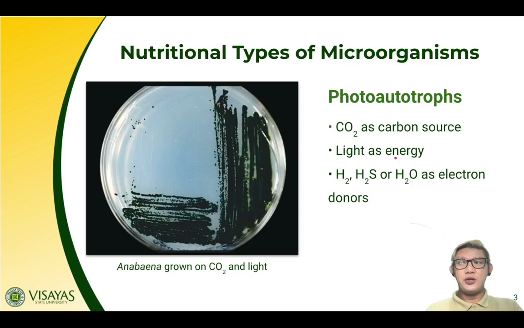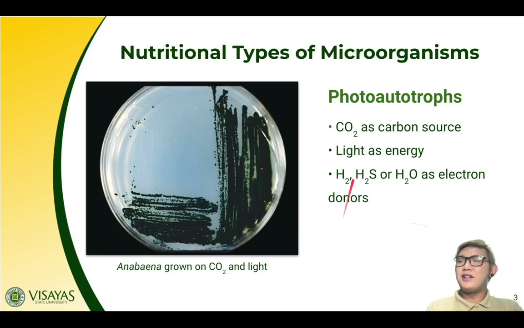Their electron donors could be H2, H2S, or water. An example of a photoautotrophic microorganism is a bacteria called Anabaena. This is a culture of Anabaena that is grown in the presence of carbon dioxide and light.